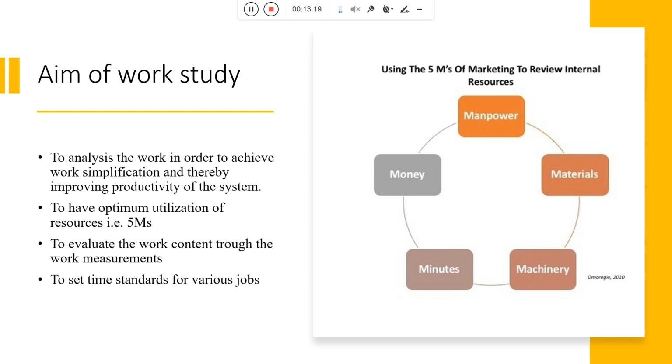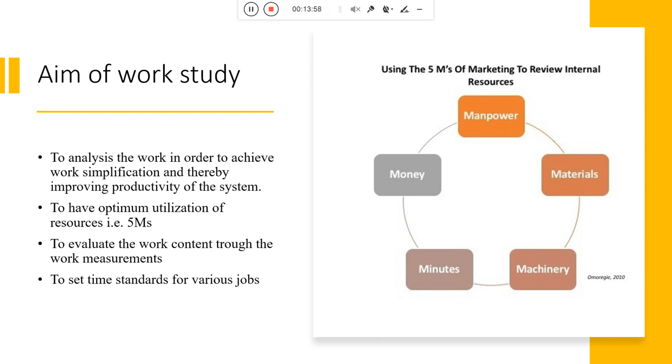So now the aim of work study. What is the aim of work study? The first thing is to analyze the work in order to achieve work simplification and thereby improve the productivity of the system. So we need to analyze the entire work. When I talk about work study, here we analyze the entire work. After that, we divide all the work into small elements and again analyze.